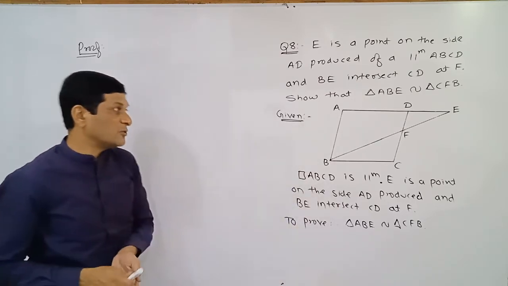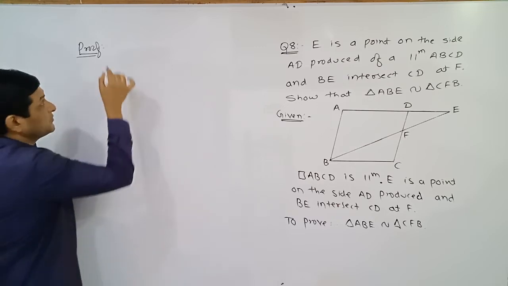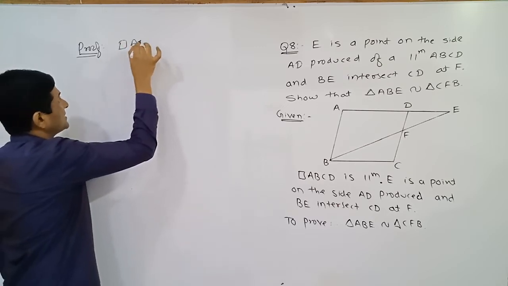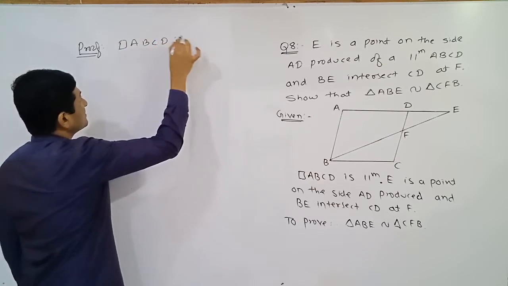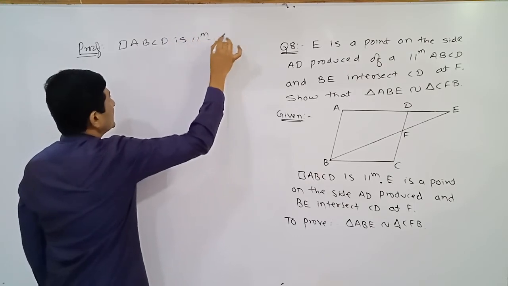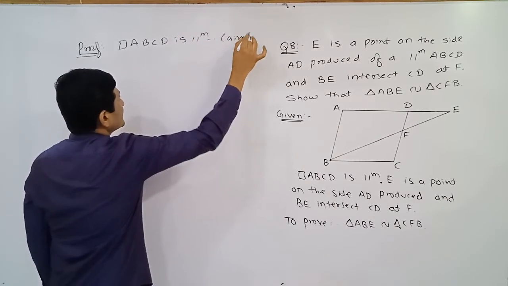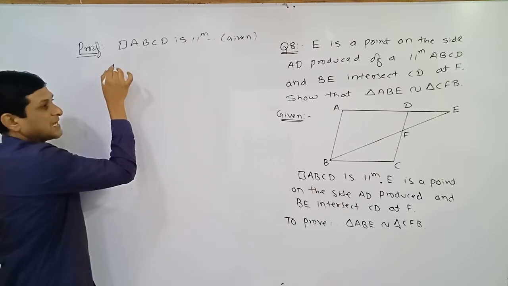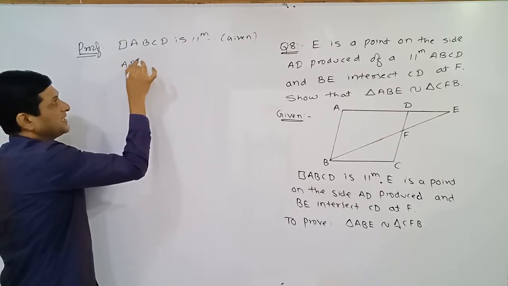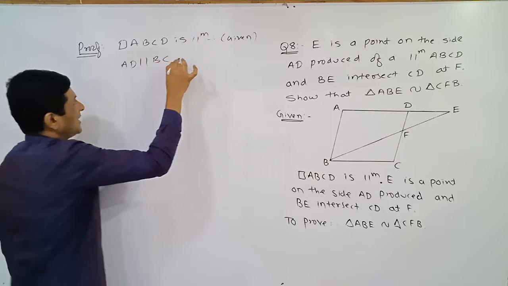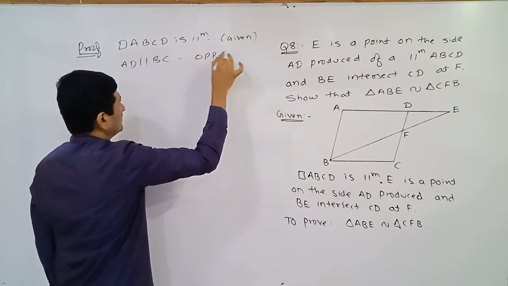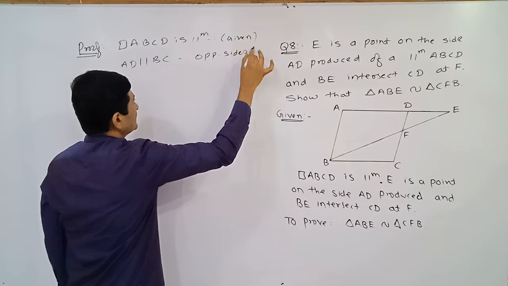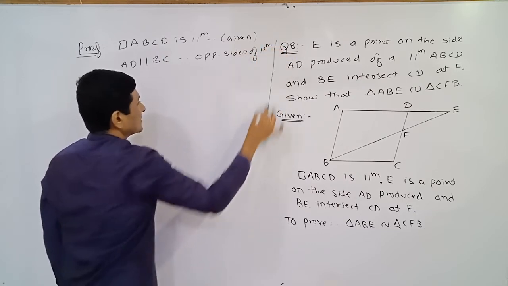So well, let us try to prove it. The first given condition is that quadrilateral ABCD is a parallelogram. This is the given condition. And since this quadrilateral is a parallelogram, we can say that opposite sides are parallel to each other, that AD is parallel to BC, opposite sides of a parallelogram.